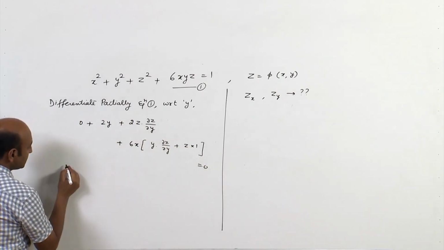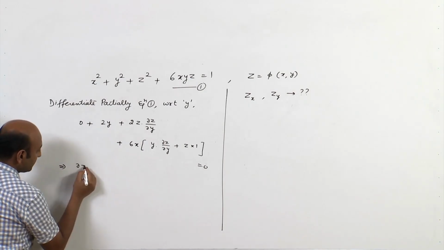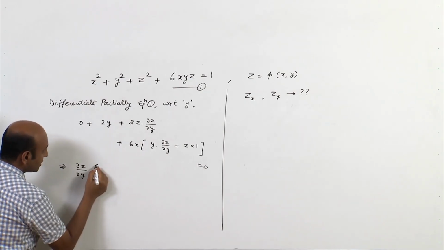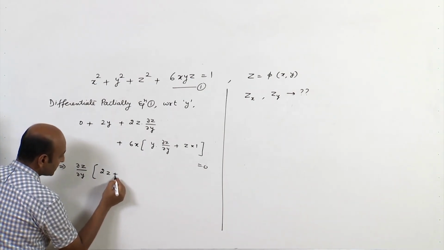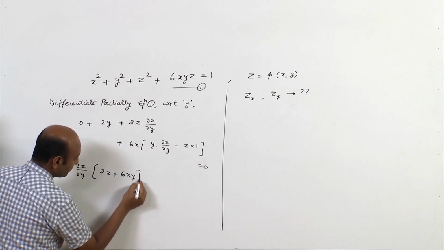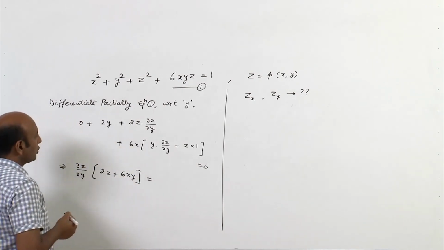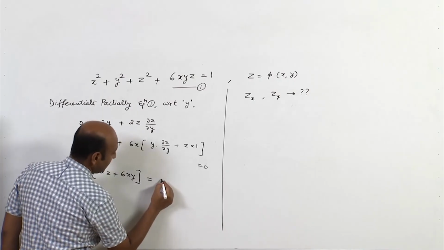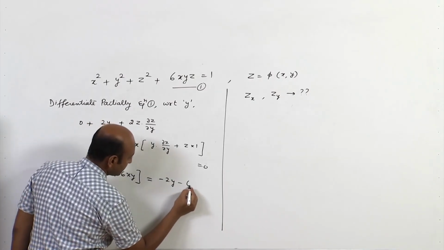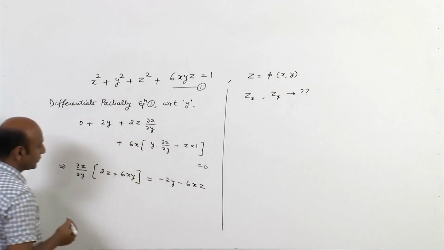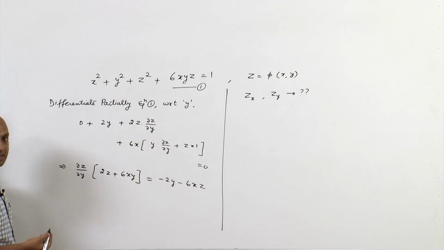So, this implies, now collect terms of del z upon del y, which is 2z plus 6xy equal to, put all the remaining terms on the right hand side, that is minus 2y minus 6xz, okay. Cancel 2 from both the sides again.